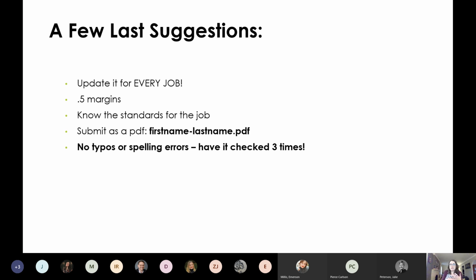And other things just to keep in mind when I say know the standards for your job. Graphic designers, you're over here, like you have to nail this because you're graphic designers. It is literally your first portfolio piece. The rest of the art and design majors, it is still part of it, but not as much as the graphic designers. Sorry, I'm putting a lot of pressure on y'all.